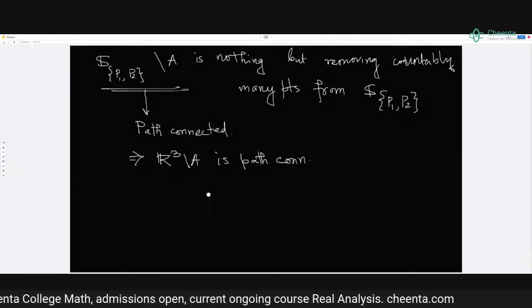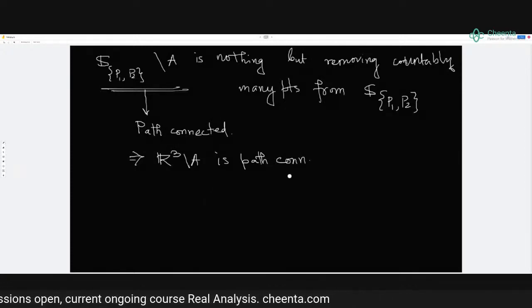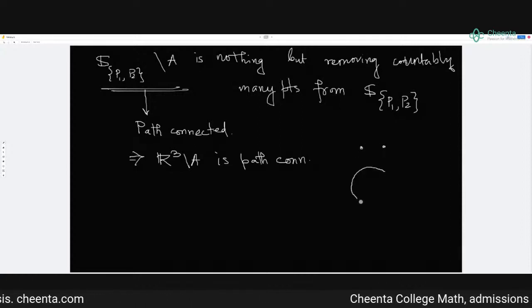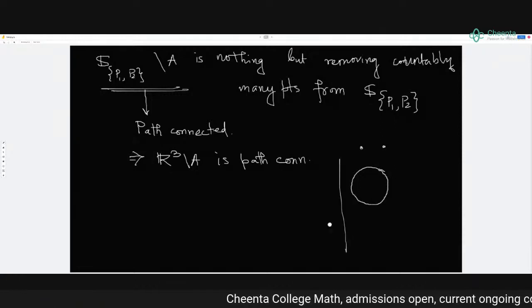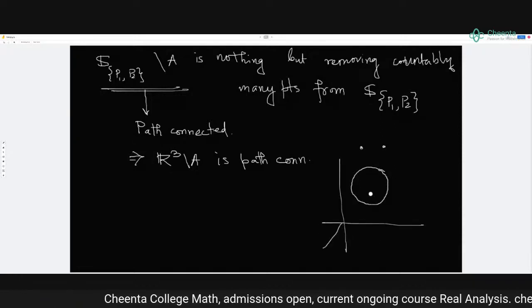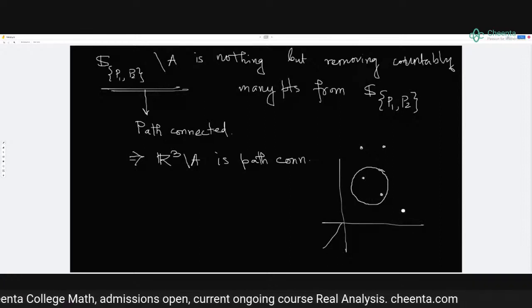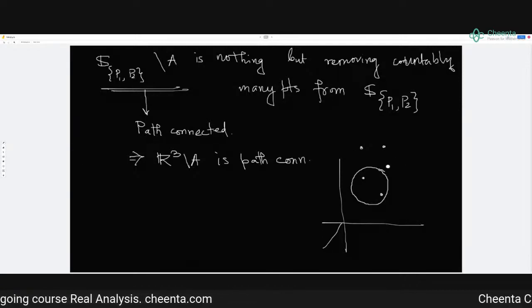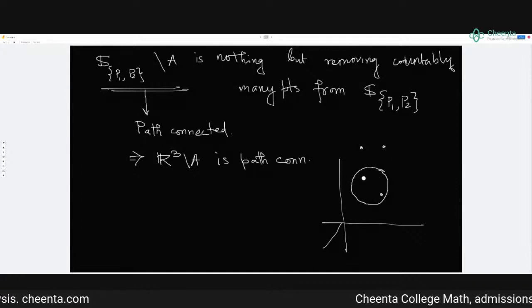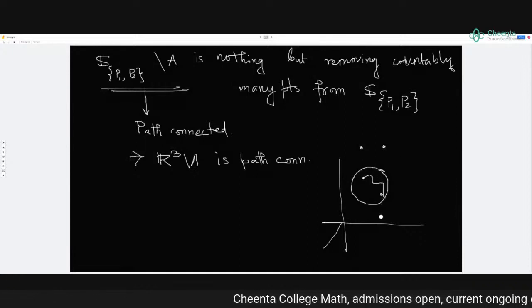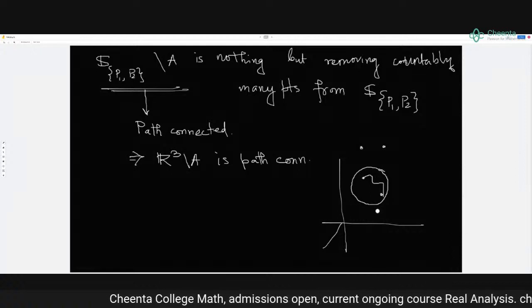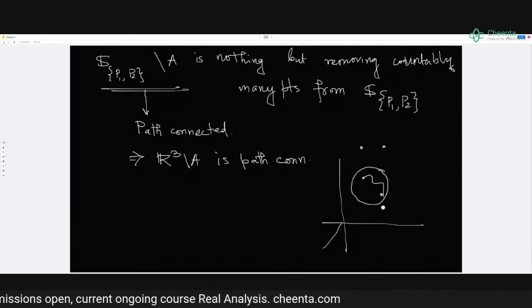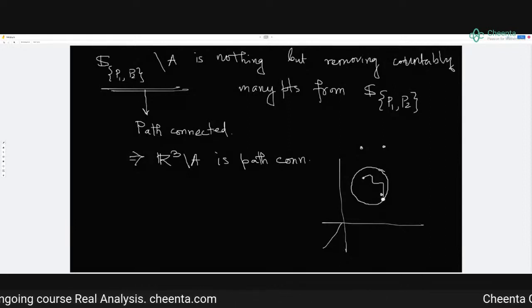Going step by step once more: first we take any 2 points, then we construct a sphere in R3 such that those 2 points lie on its surface, which can always be done. Then we prove that there always exists a path on the sphere, even after removing countably many lines, that joins P1 and P2. Hence there always exists a path in R3 minus A that joins these 2 points. Hence it becomes path connected.